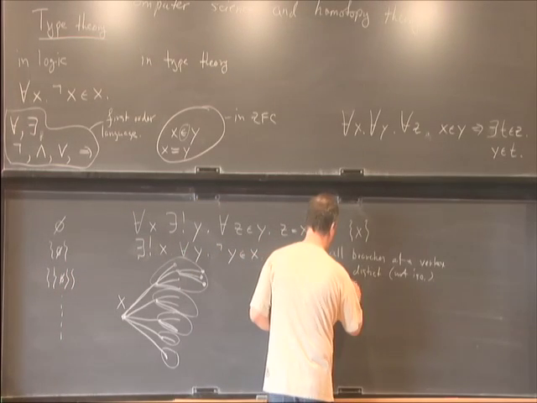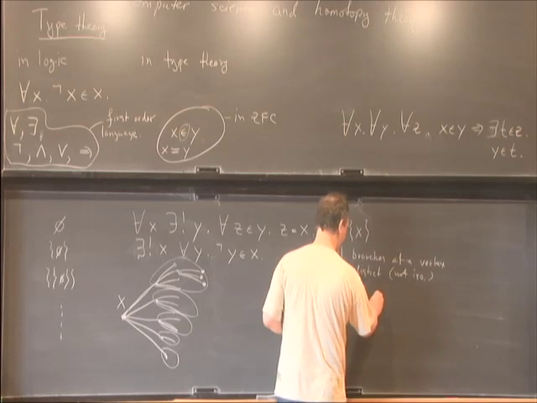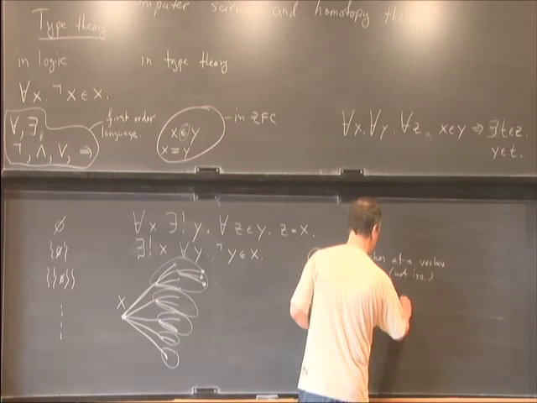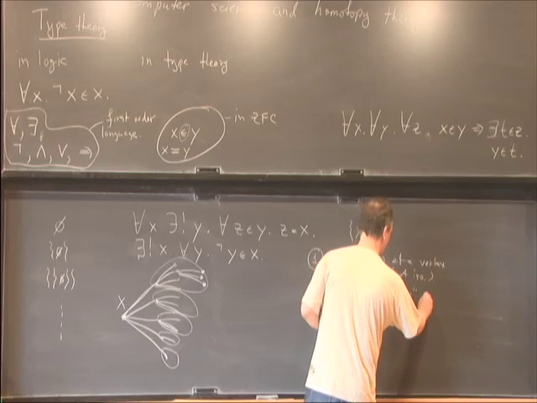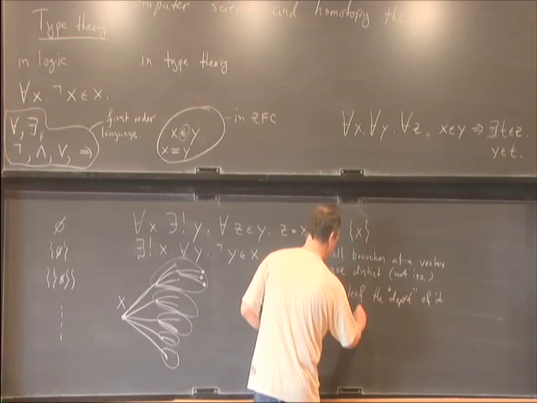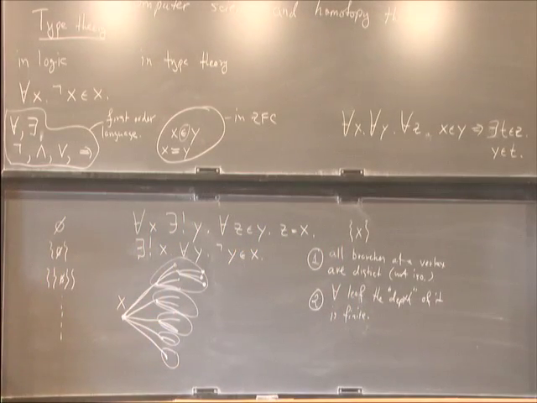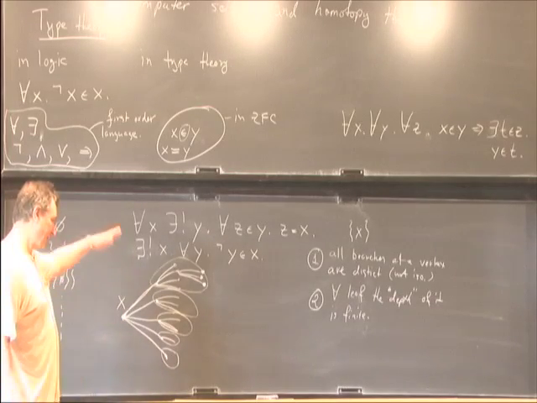So for each leaf, the depth of it is finite. That doesn't mean that it's bounded uniformly.